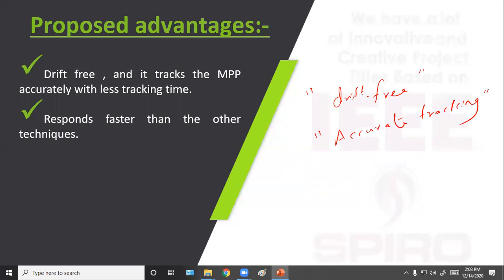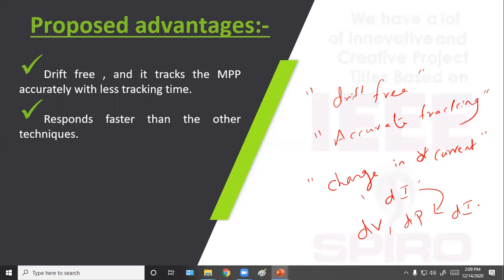An extra concept is added to the previous P&O algorithm: the concept of taking the change in current, that is dI. In the previous P&O algorithm, only the change in voltage and change in power are taken, but here we additionally add the change in current. This leads to these advantages.